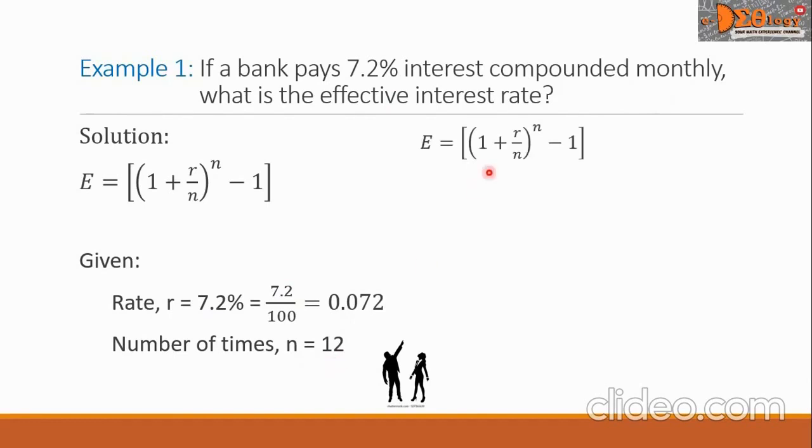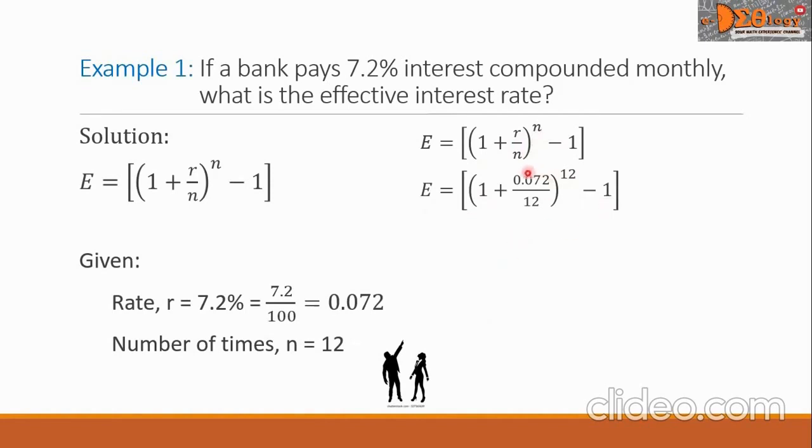Now we are ready to use our formula. Let us do the proper substitution on this side. So we will have capital E equals, we will copy the constant 1 plus the fraction r over n. So r becomes 0.072 over n, that is 12. And the power n in here becomes 12 also, and minus the constant 1.